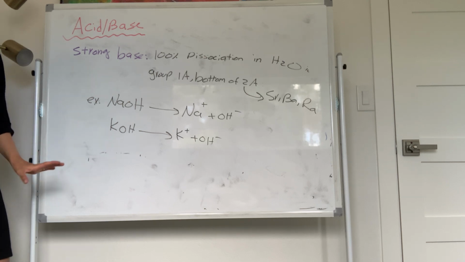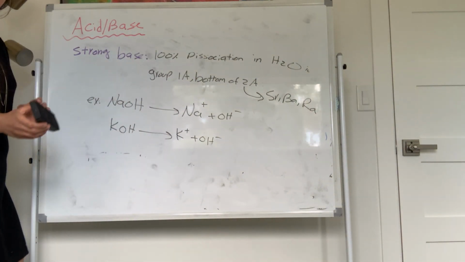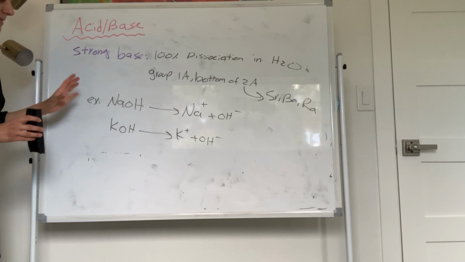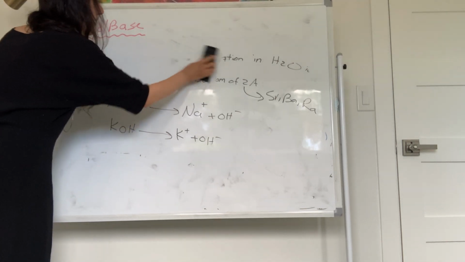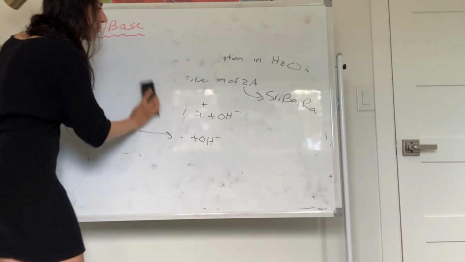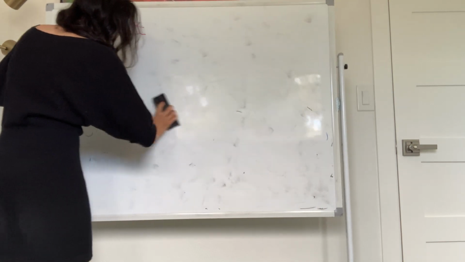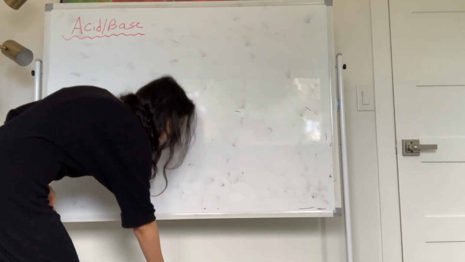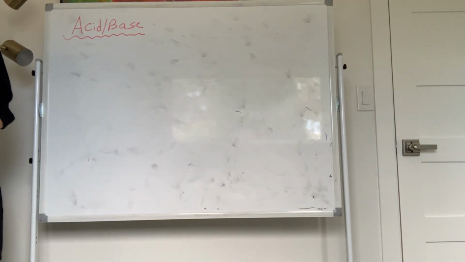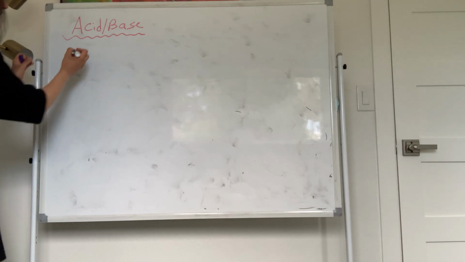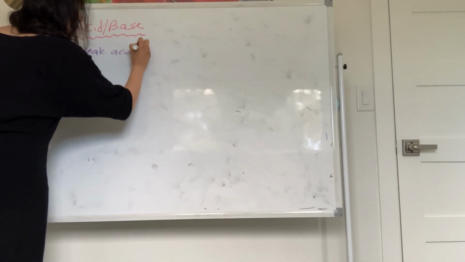Beautiful. Now I want to go over weak acids and bases. So hopefully you got the strong base and strong acid done with 100% dissociation. If you have a group 1A metal or bottom of 2A metal next to the OH, those are considered strong bases, and the same as acids, they're going to 100% break up into ions. Now let's talk about weak acids and bases. What does it mean to have a weak acid or base?